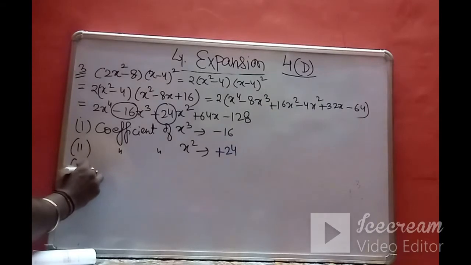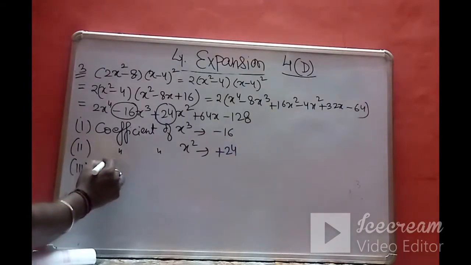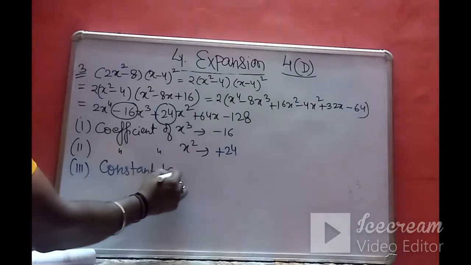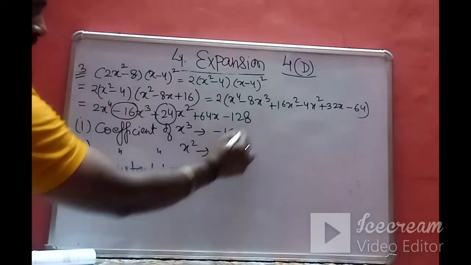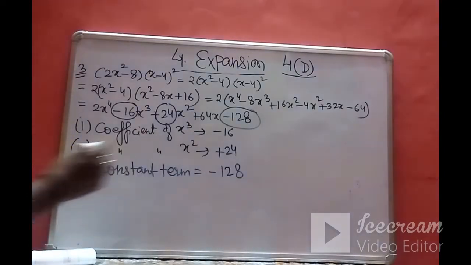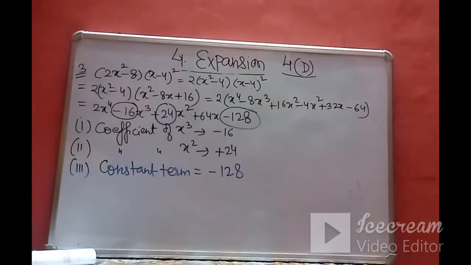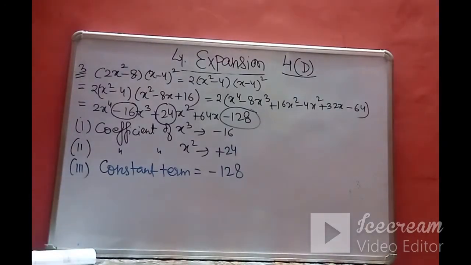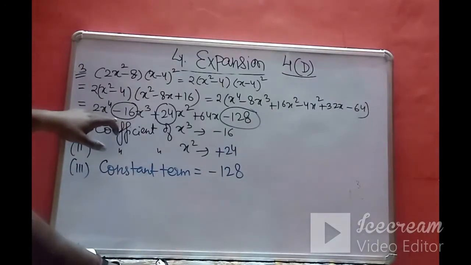Then the last that we have to find is the constant term. So the constant term is minus 128. Okay, so whenever you want to find the coefficient, you just write that numerical value along with the sign, except the variable.